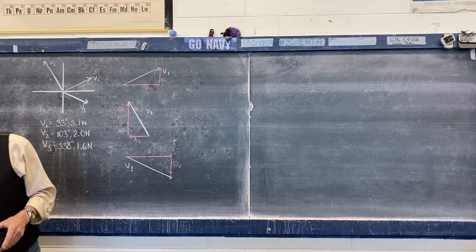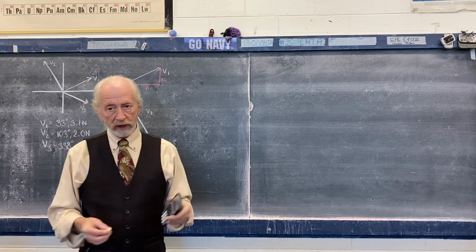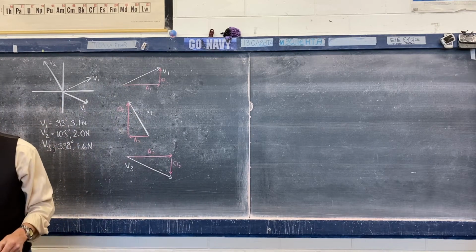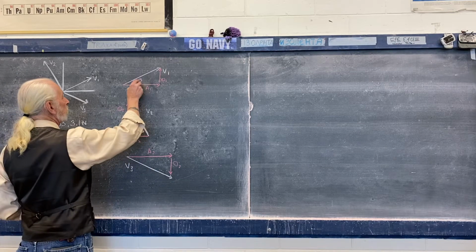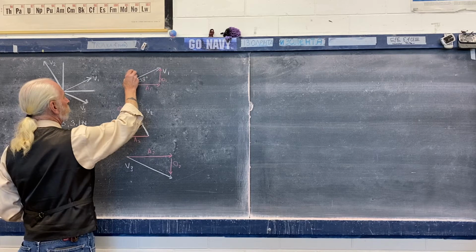And recall, we're doing old school trig, so that means we're going to evaluate every angle as if it is between 0 and 90 degrees, no matter where it may lie. Now this one, we already know, is 33 degrees, and it is 3.1 newtons.